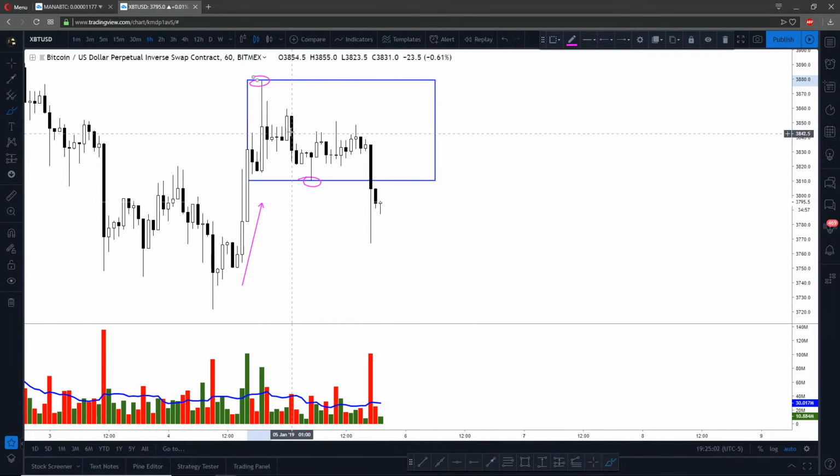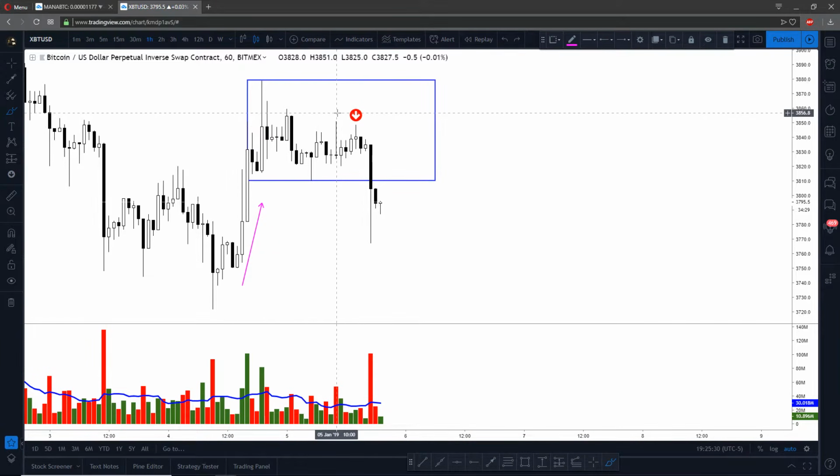It attempts to move towards the distribution high, fails with this down fractal here. Why is that a down fractal? Because we see high, low, low, low, low. This high right here is higher than these two candles, higher than these two candles. That gives you your down fractal.